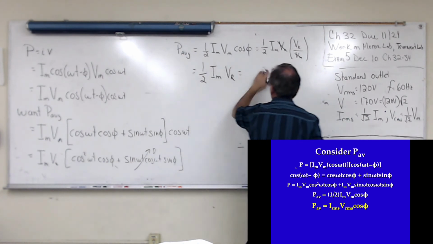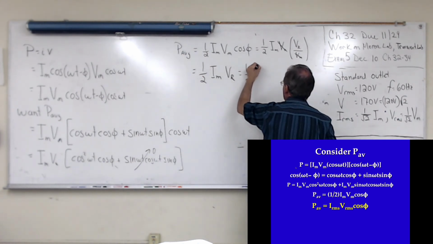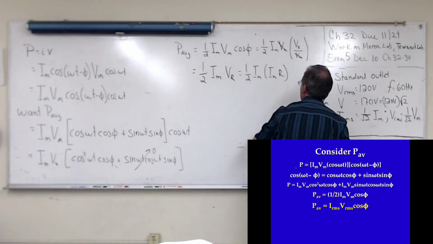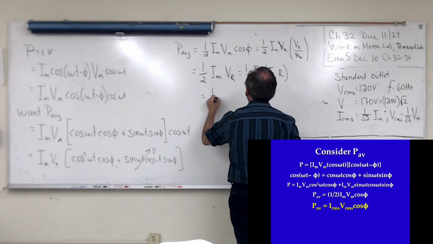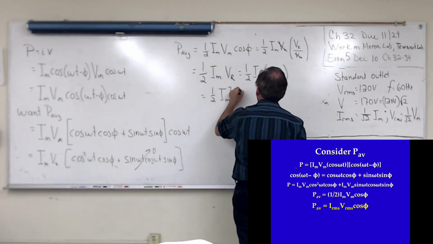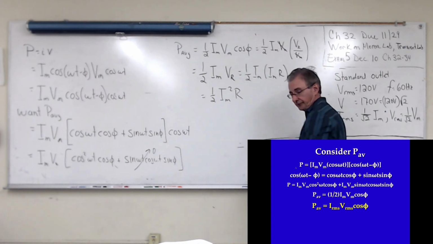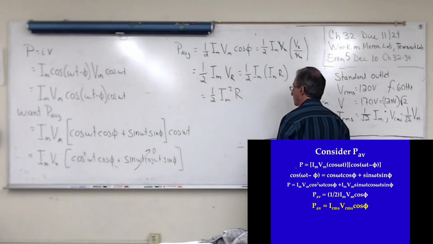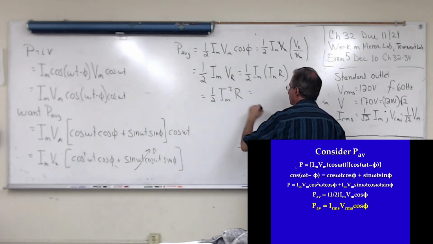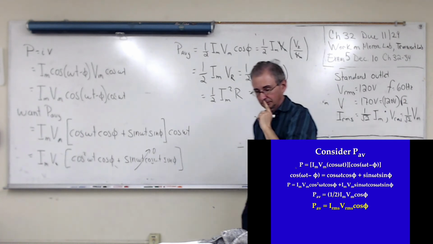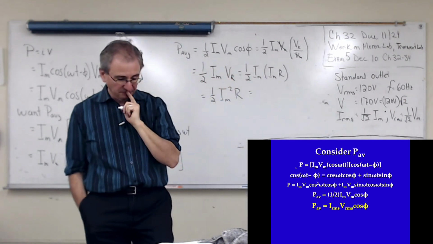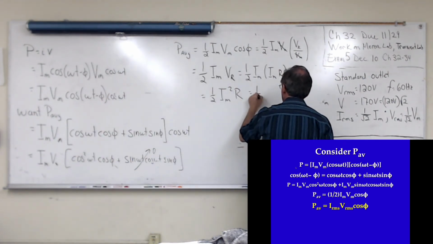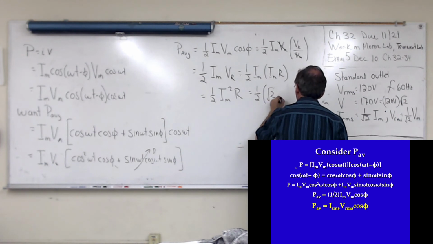But V sub R is I sub M times R. But I sub M is the square root of 2 times I RMS.